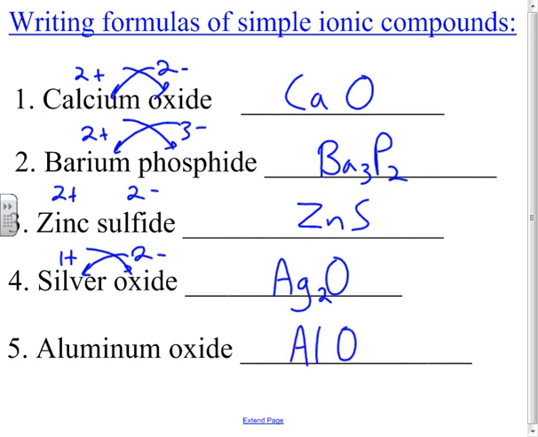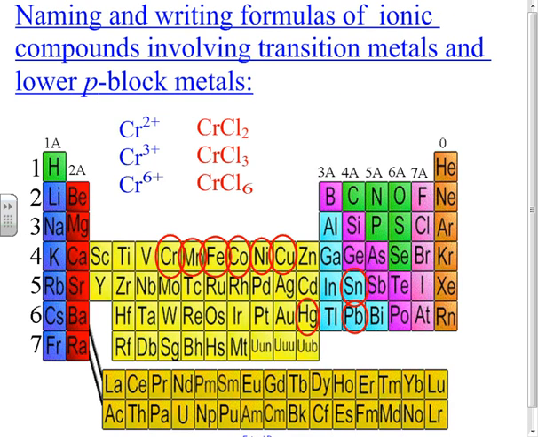Aluminum oxide, symbols are aluminum, Al and O. Aluminum is a 3+, oxygen is a 2-, switch, and it's Al2O3.